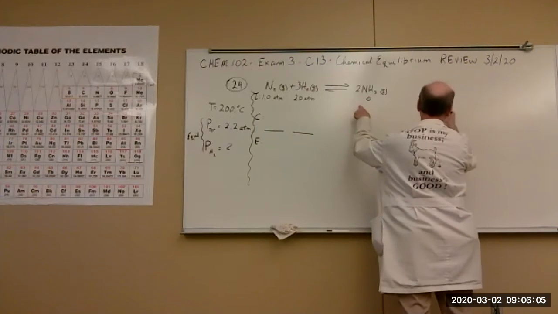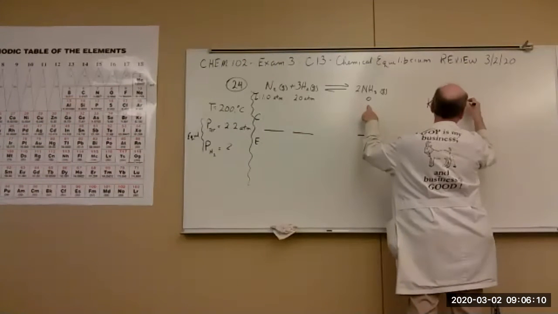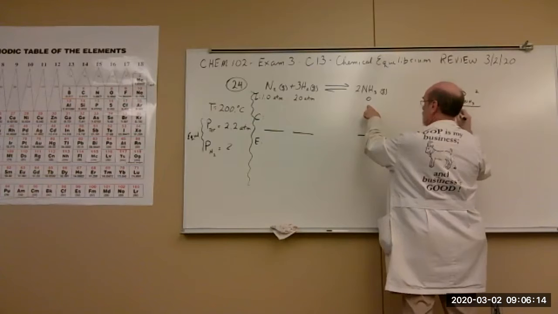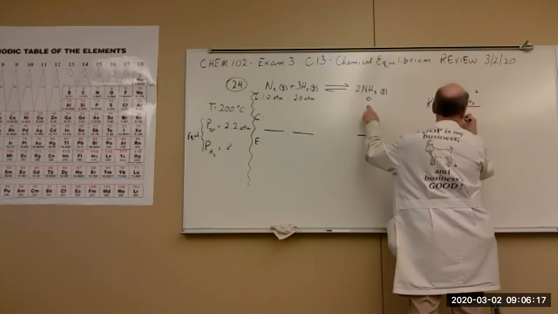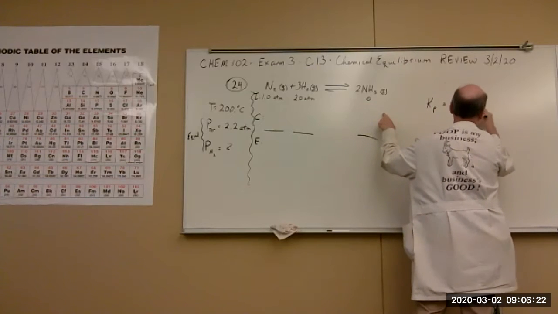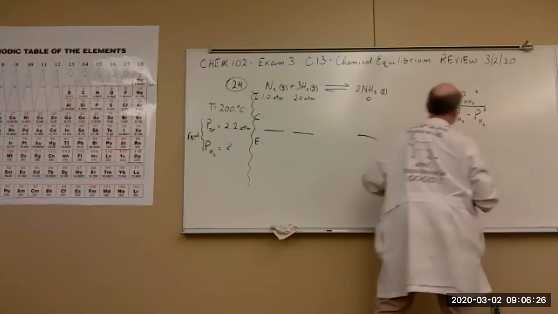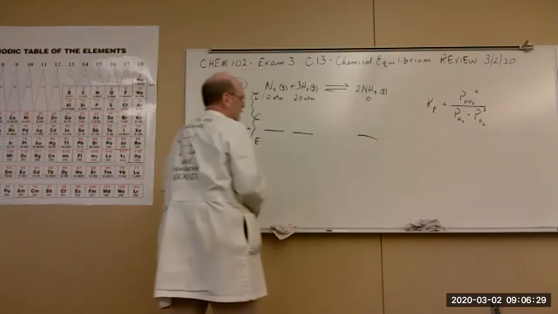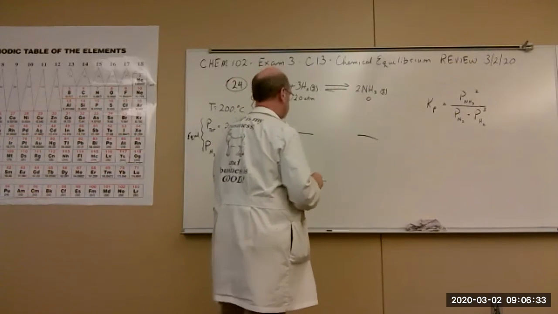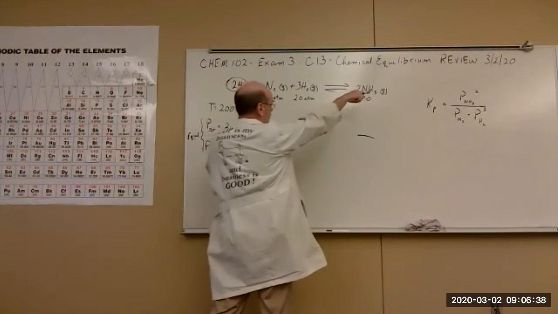This Kp is going to be partial pressures of these gases: partial pressure of ammonia squared, over partial pressure of nitrogen to the first power, times partial pressure of hydrogen to the third power. If we're headed for equilibrium, that's the condition that has to be met. So we know the system is going to go that way.